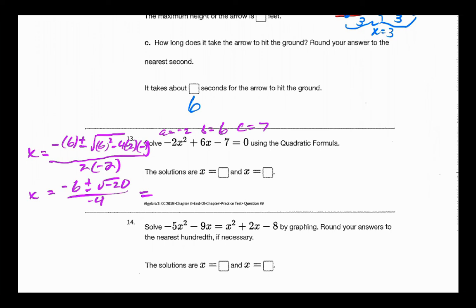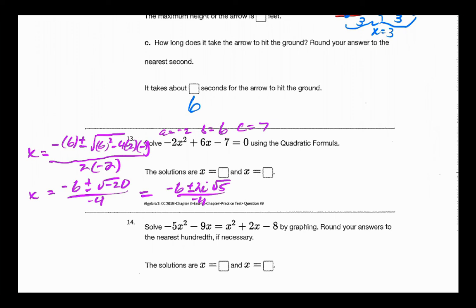To keep simplifying, I know I have an i. Remember, the square root of 20 I can write as the square root of 4 times the square root of 5. The square root of 4 is 2, so I can put a 2 out front here, and then I'll have the square root of 5 left underneath, and I'll still have negative 4 on the bottom.